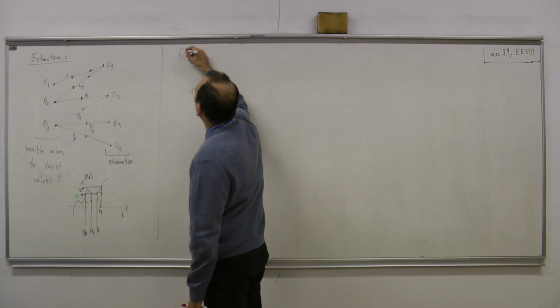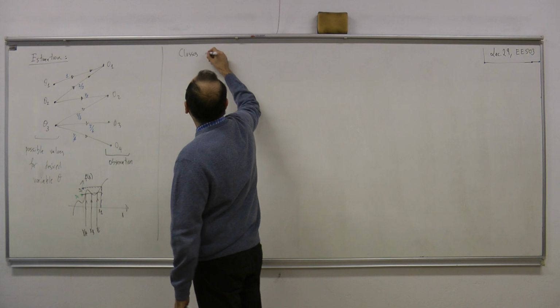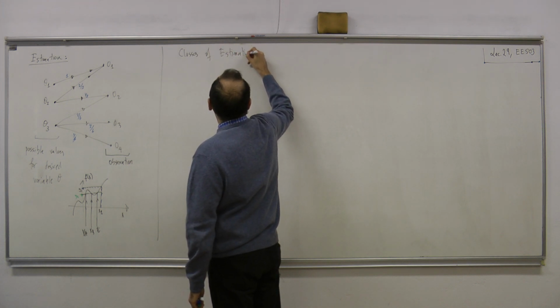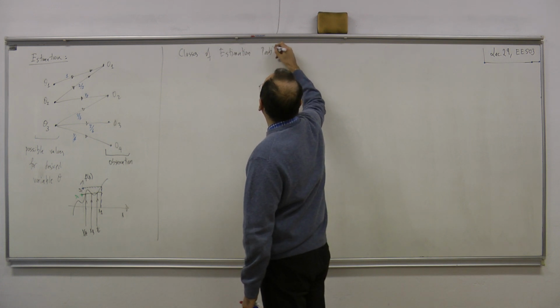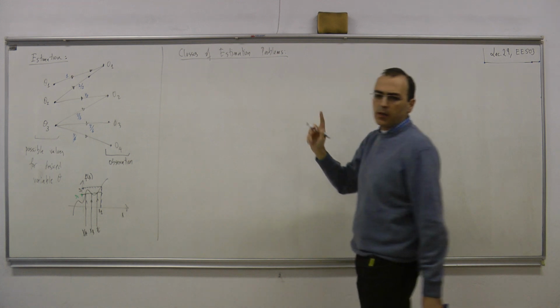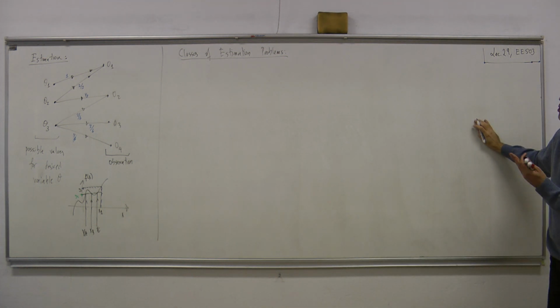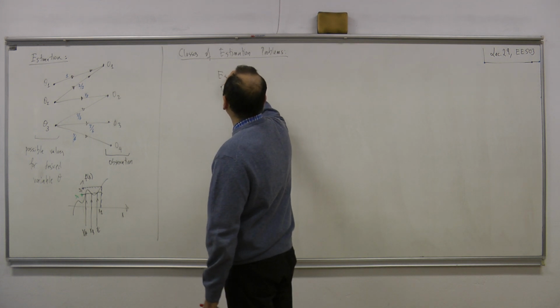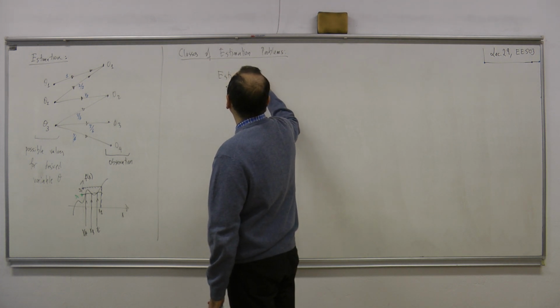Now, classes of estimation problems. We are interested in this course in only one class, but to understand that class, you have to be aware of the other classes. So let's say that this is the topic of estimation.